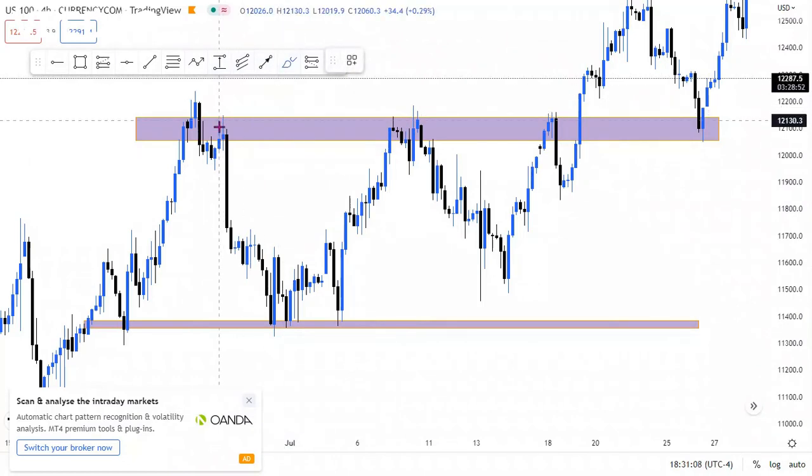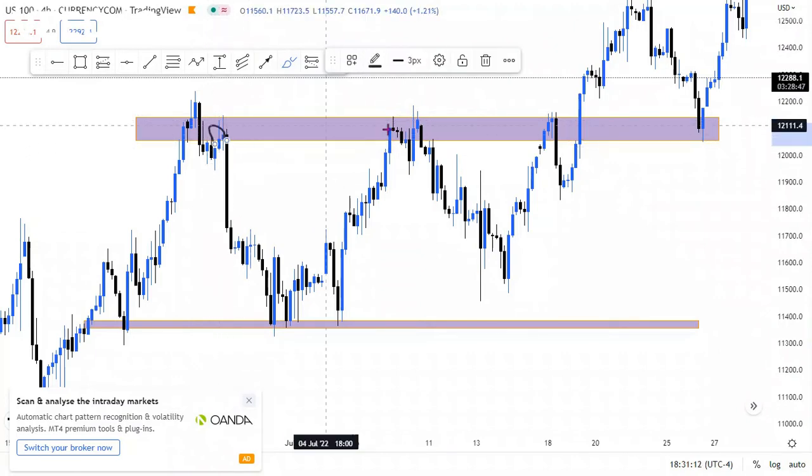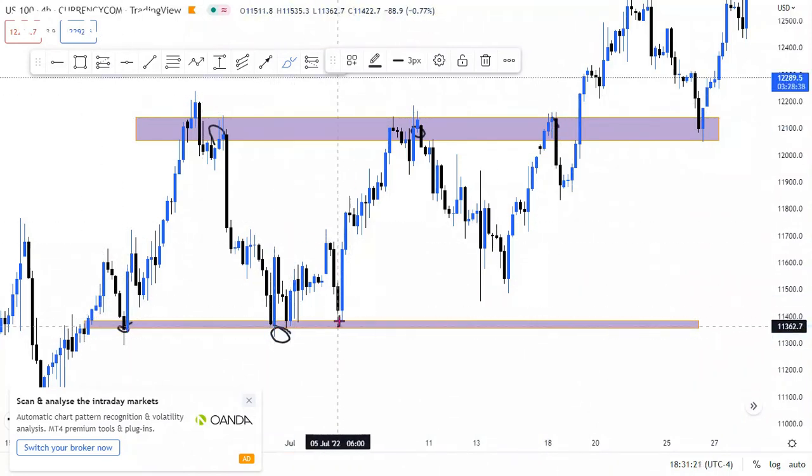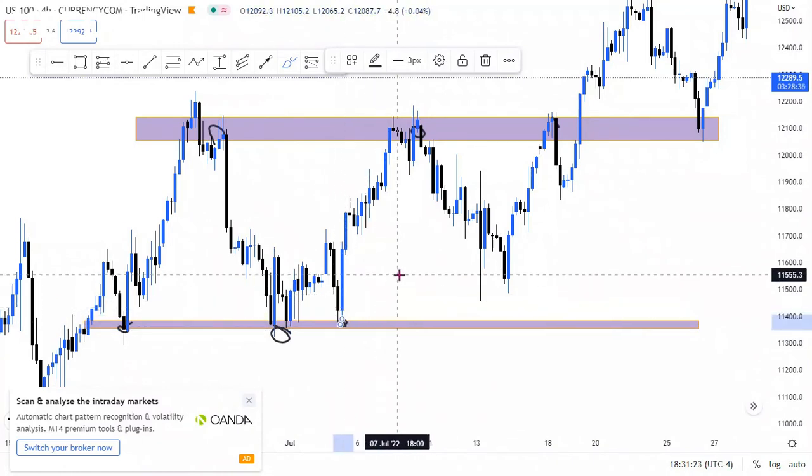Now looking at this, we are able to say this is our resistance because we are having 1, 2, and 3 touches over here, right? And this is our support because we are having 1, 2, and 3 touches, right? So those are the minimum touches that could really validate your support.